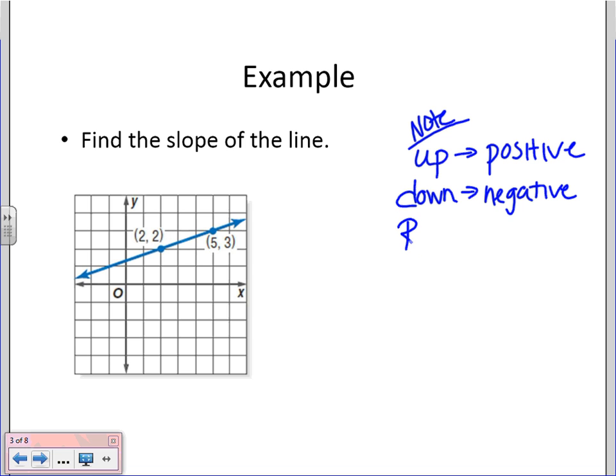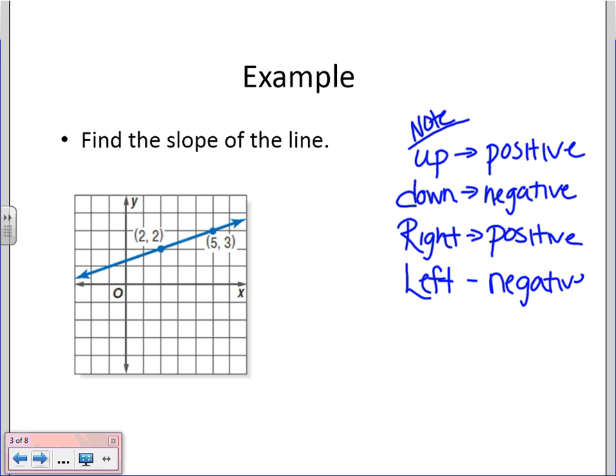Whenever we move right, we become positive. And whenever we move left, we are negative. So you'll want to make a note of this and remember these. Up is positive, right is positive, down is negative, left is negative.